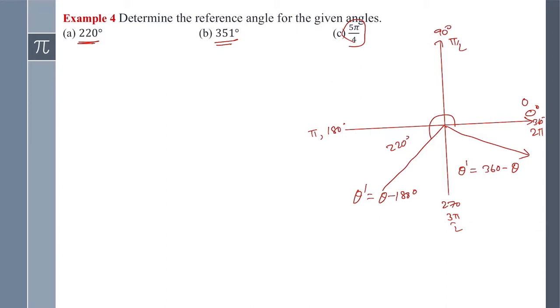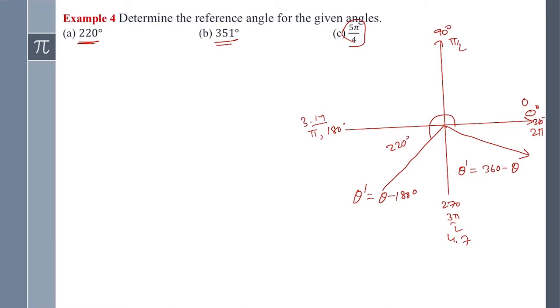Pi is 3.147, so 3.9 should be in the third quadrant, because the next one is 4 point something. So it should be in the third quadrant.